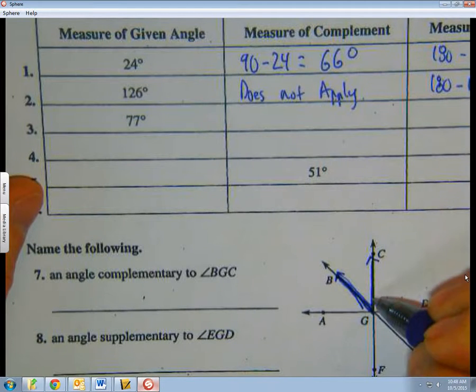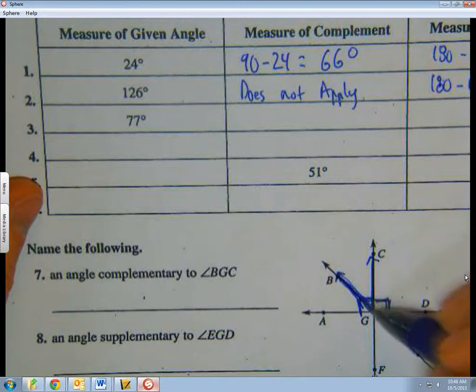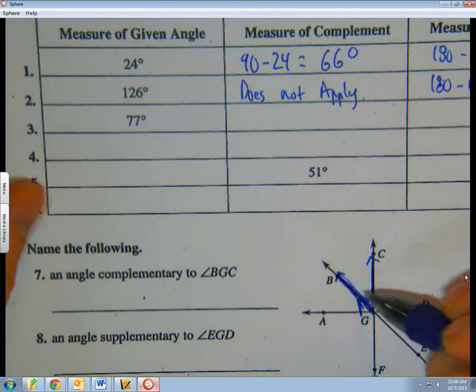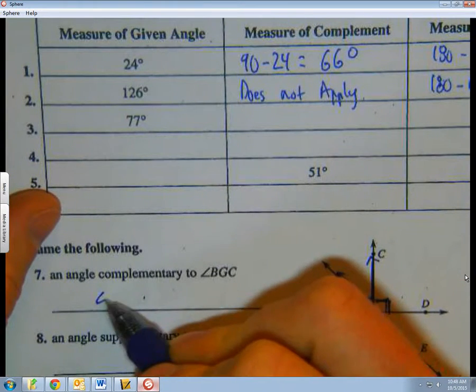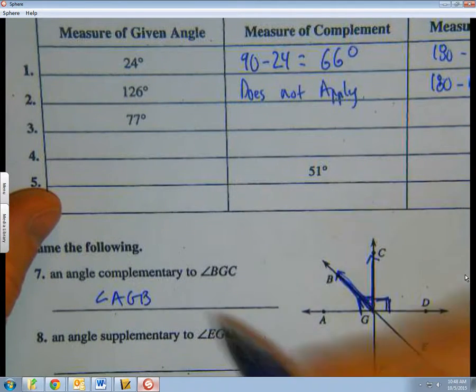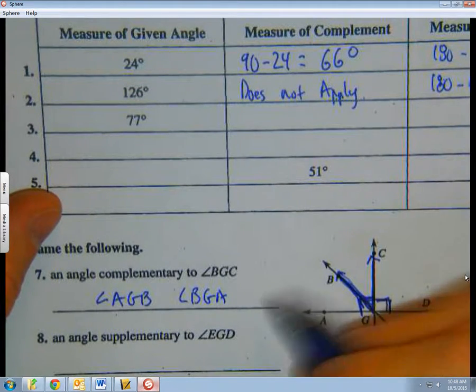Okay, so if this is part of 90, then the other part would be here. So AGB or BGA, but not anything where G wasn't in the middle. Okay.